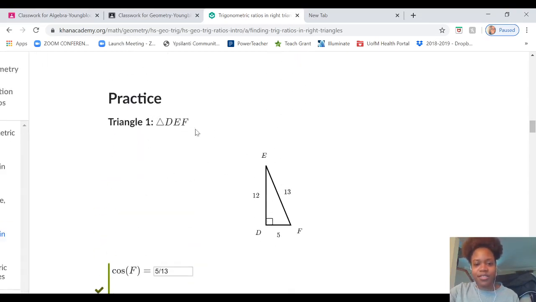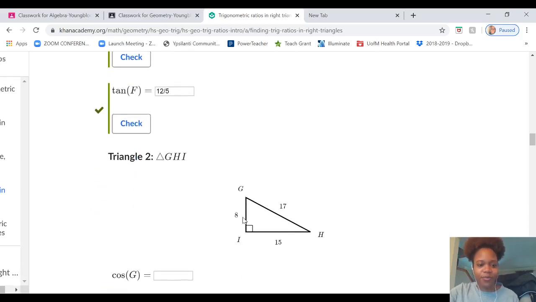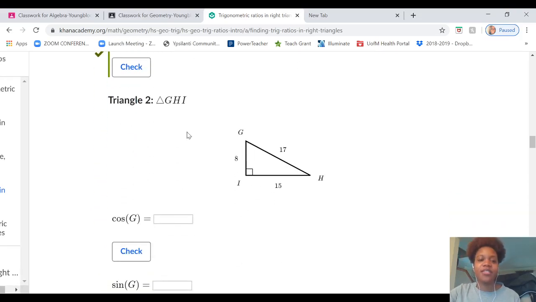I know I'm going through this example kind of quickly, but when we get into the actual Khan Academy problem set, I'll go through it a little slower in a way that I think will help you understand it better. In the second triangle, we have triangle GHI. The cosine of angle G is going to be the adjacent over the hypotenuse, so it's going to be 8 over 17.